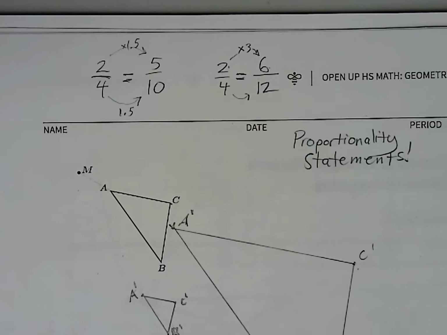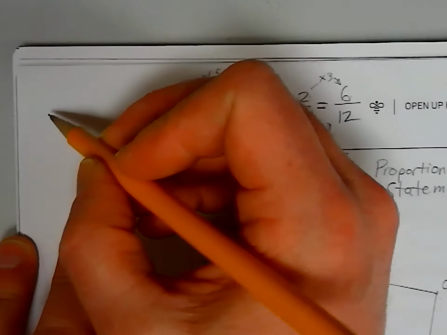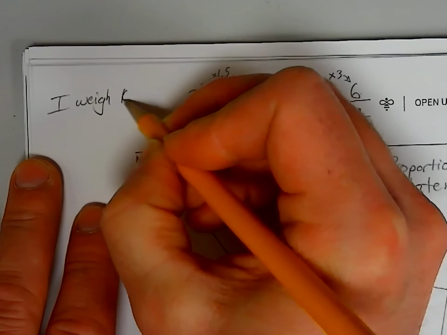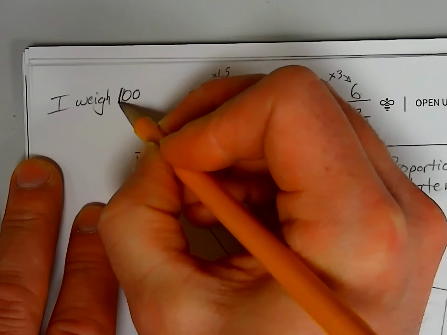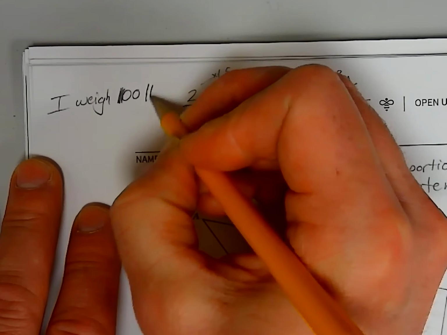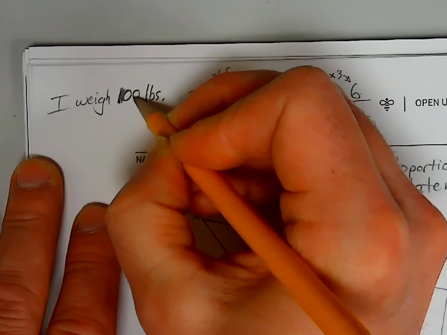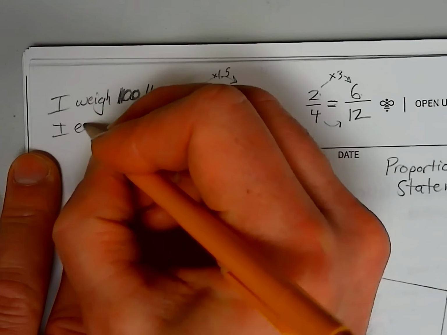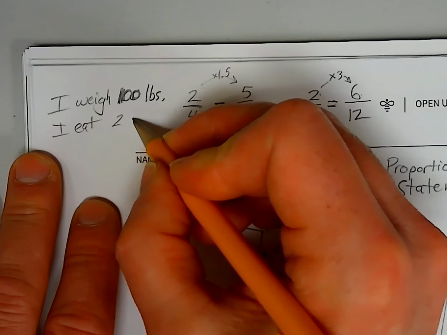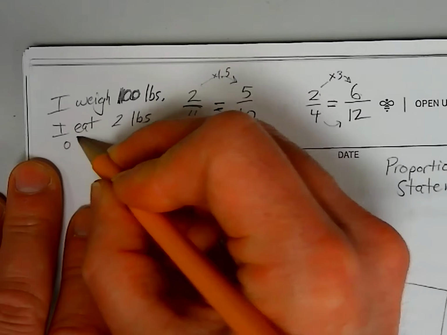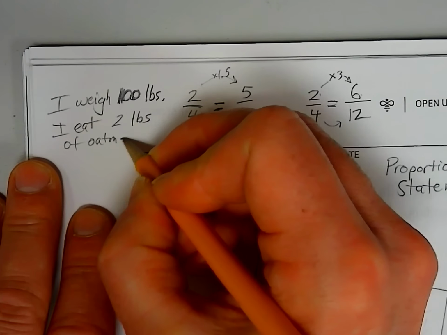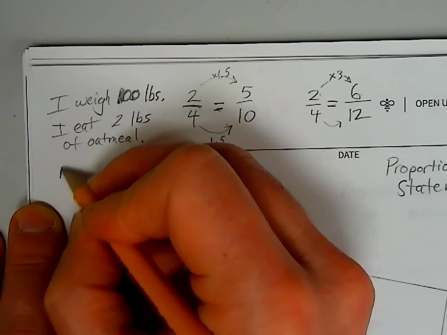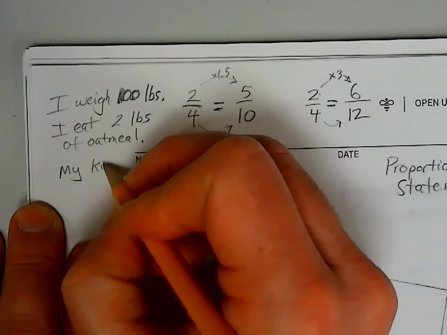If I weigh 100 pounds, that's 100 pounds, LBS. Thank you, Britain. I weigh 100 pounds. I eat 2 pounds of oatmeal. My kid weighs 50 pounds.